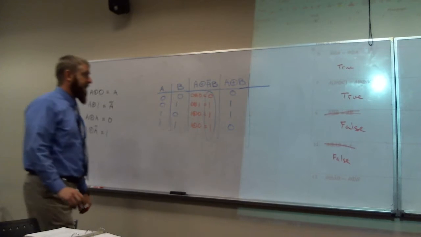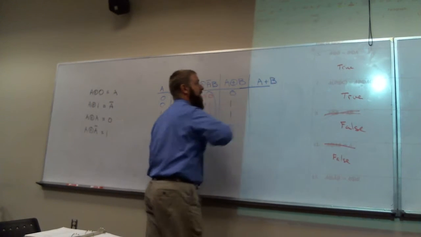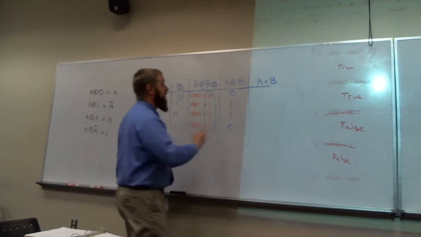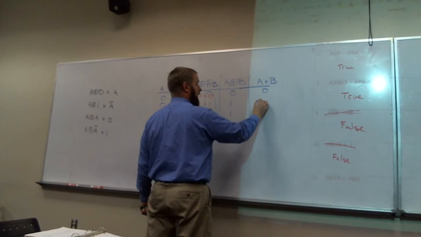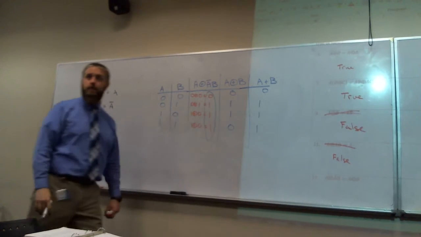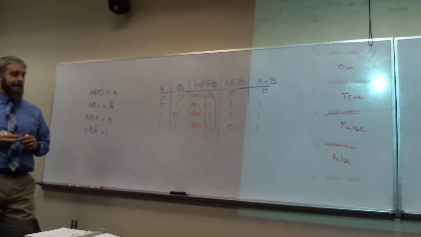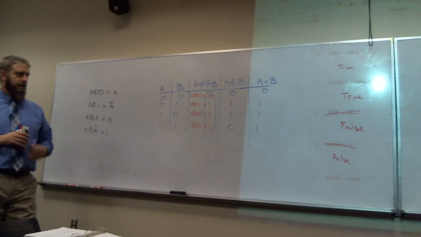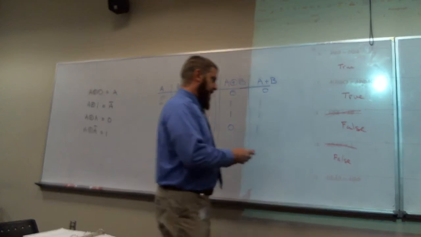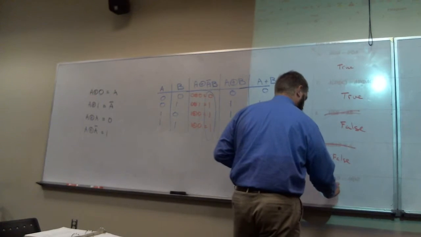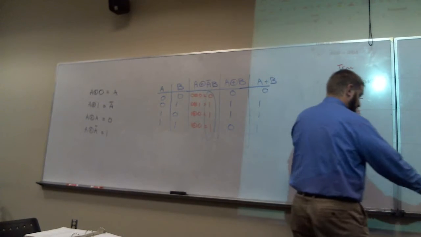A OR B. These are the same. When both are 0, we get a 0. When either is 1 or both are 1, they're equal to 1. So 13 is false. 14 is true.